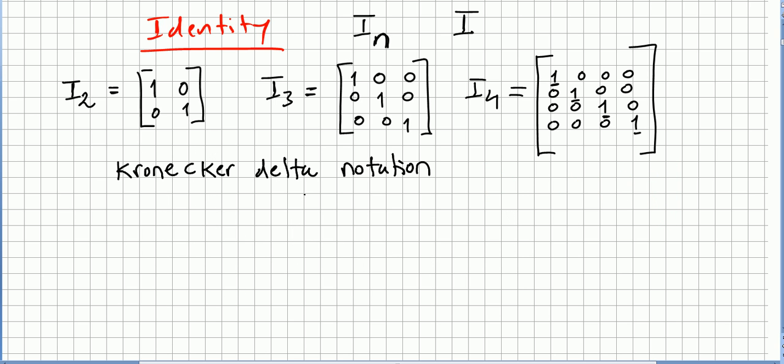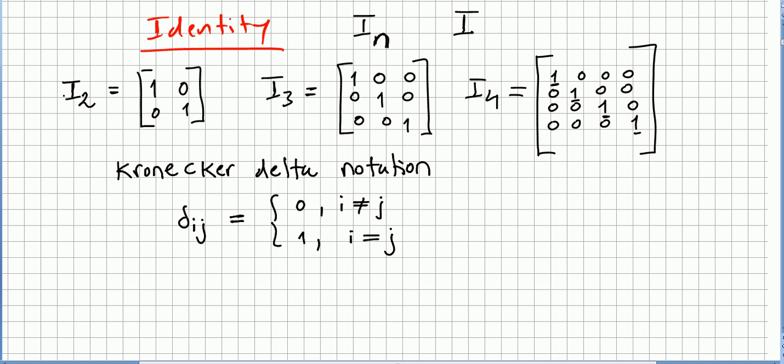For the identity, you can use the Kronecker delta notation. It's really handy and helpful. We write delta ij, where you have 0 if i is different from j, and 1 if i is equal to j.